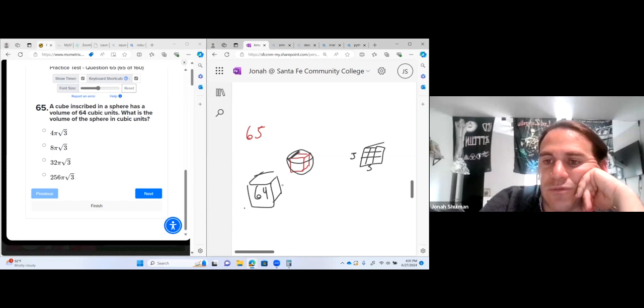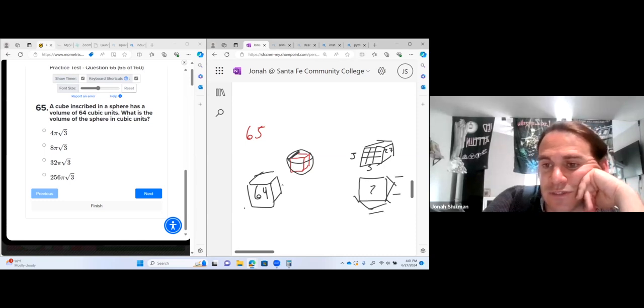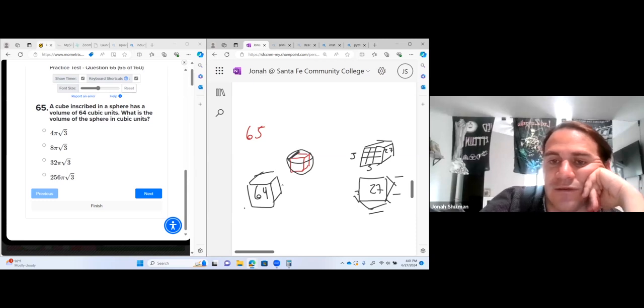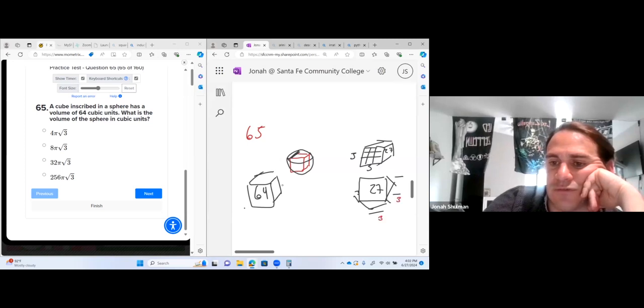But if we want the cube of this, the volume is 27 boxes. So that's why the cube root of 27 means what times itself 3 times gives us 27. So that value has to be a 3. Because 3 times 3 times 3 is 27.